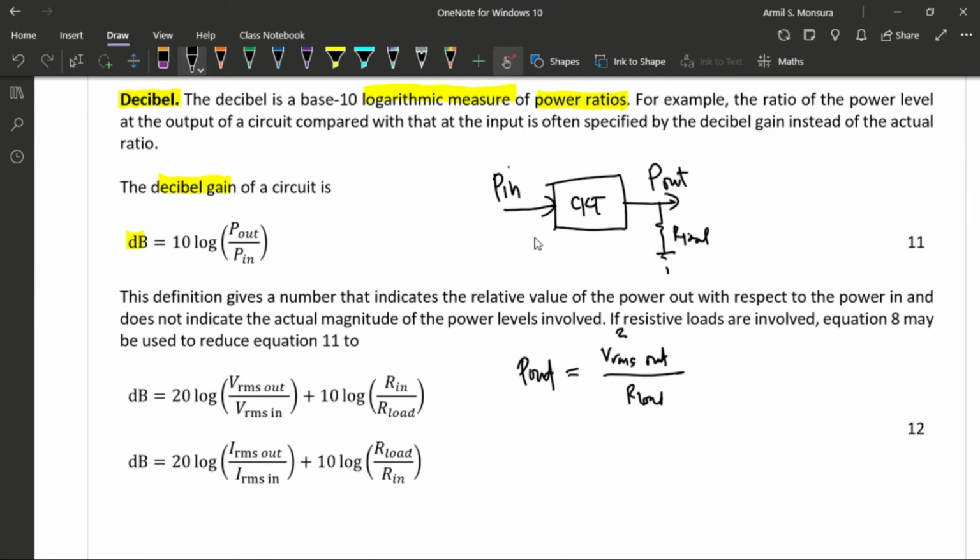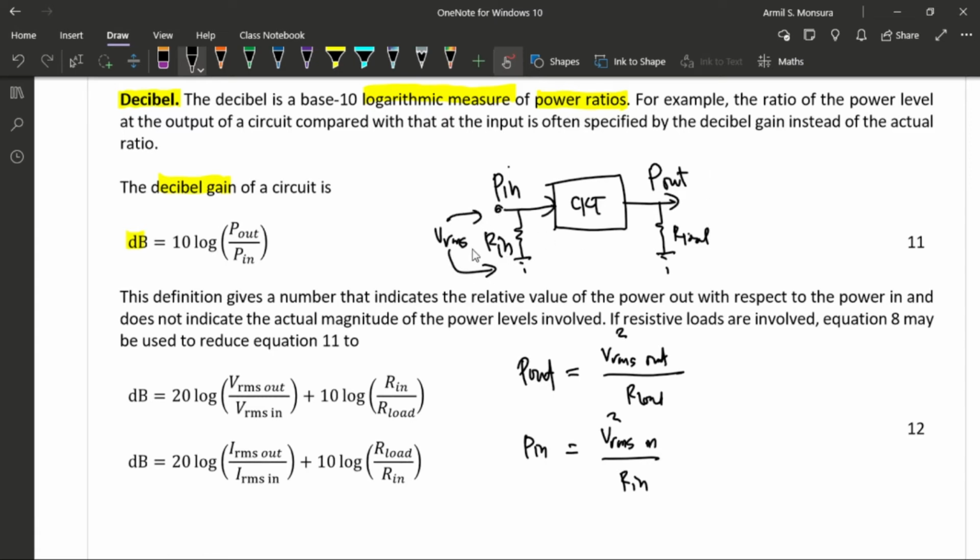Okay? While ang power in natin is the voltage, okay, RMS in squared over the input impedance of your circuit. So yung circuit niyo has an input impedance R in. So you can measure VRMS squared there.